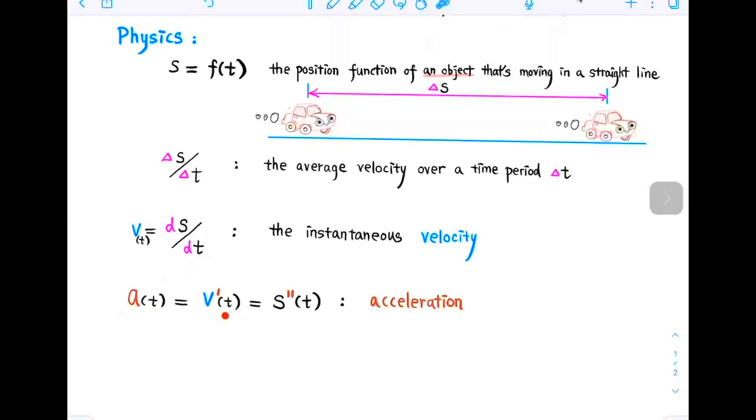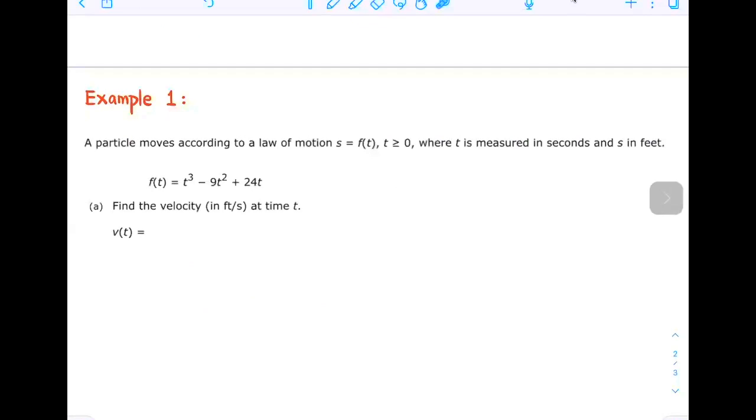The instantaneous rate of change of velocity with respect to time is acceleration, which is also the second derivative of the position function. In the following example, we're going to solve a problem involving the motion of an object. Example 1.